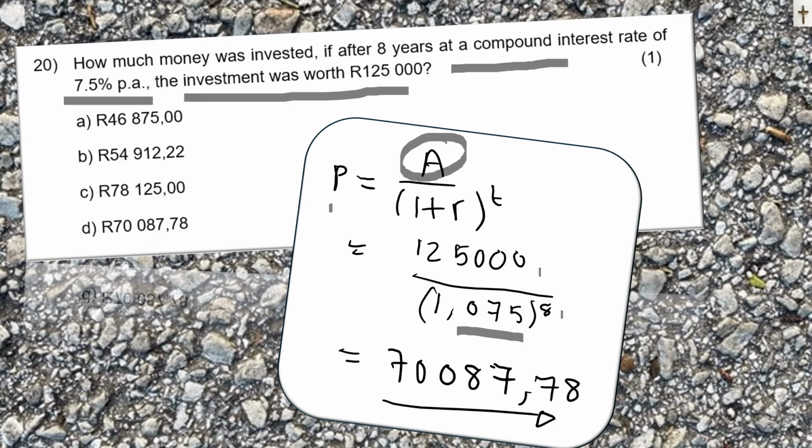So how much was invested right in the beginning? Okay, once again, you use your calculator there. You might have to write that down. Say 125,000 divide by, recall your memory on the calculator, and the answer is D, 70,087.78.